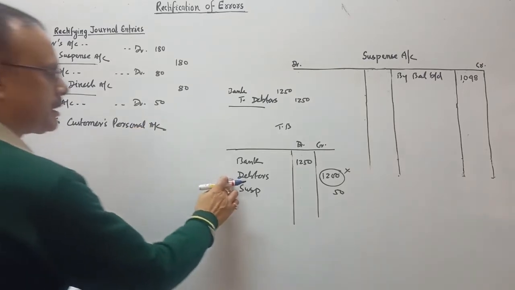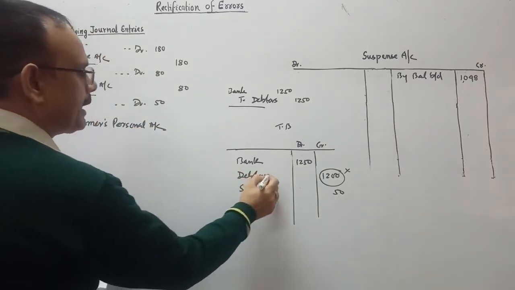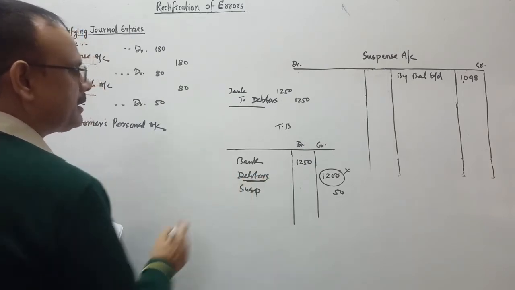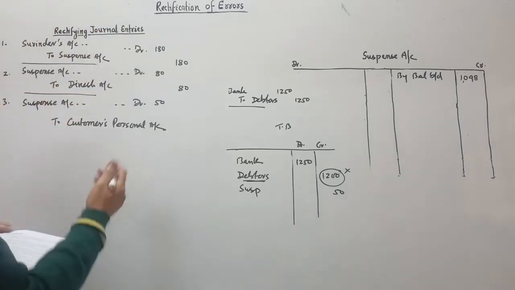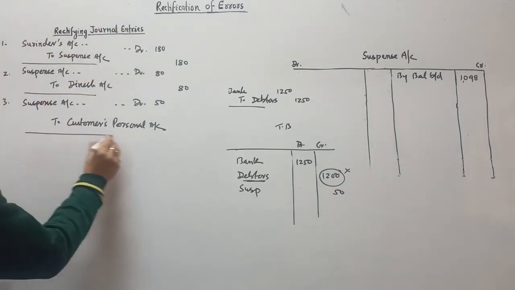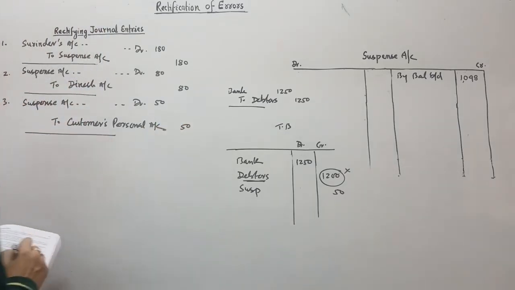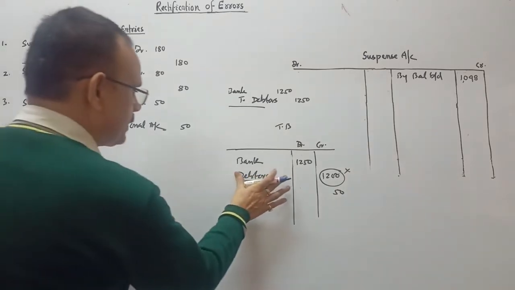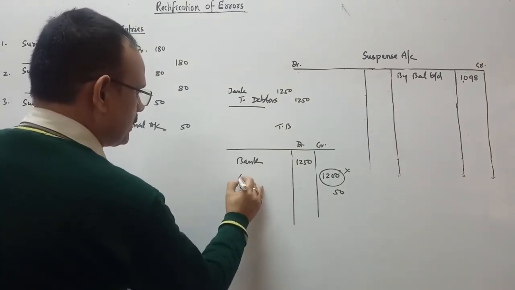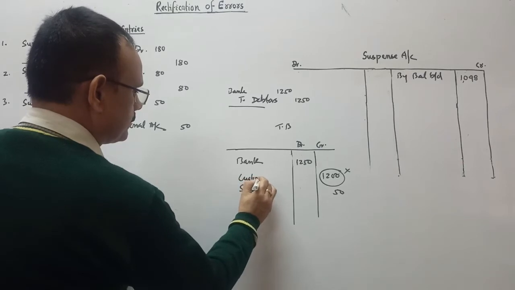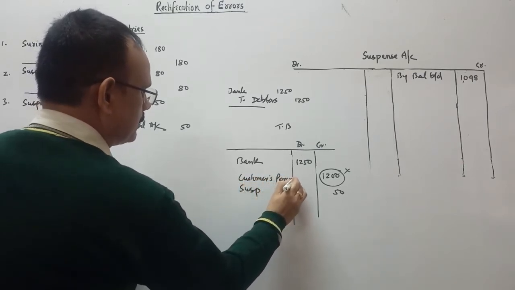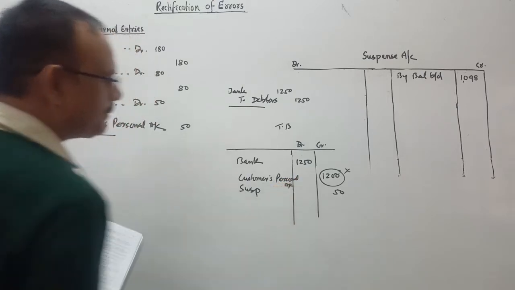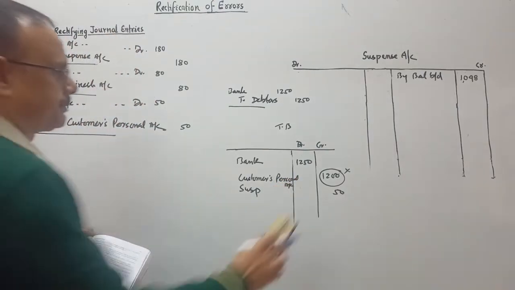Debtor's account means customer's personal account. I am talking about debtors, so it is the customer's personal account. So it is 50 rupees, customer's personal account. Okay. Now see the next.